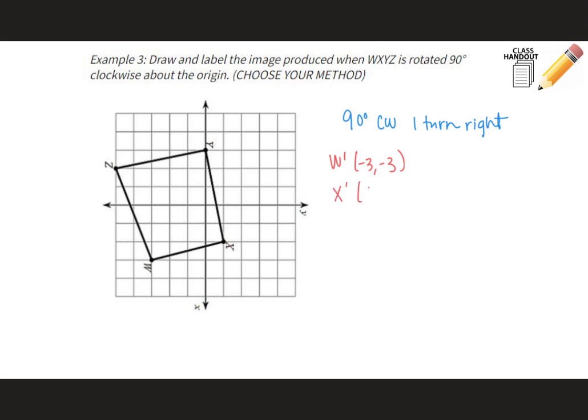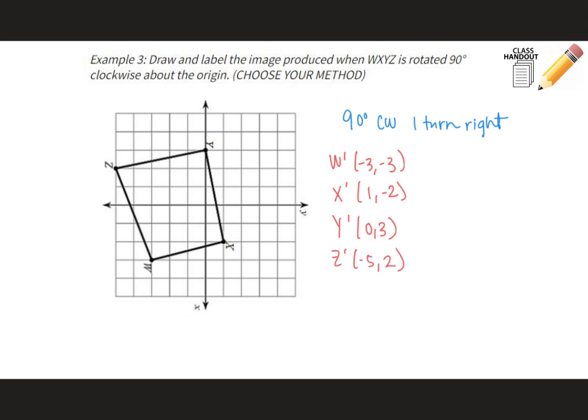So X prime is 1, -2. Now we're looking at Y, so Y is here, so that's going to be 0, 3. And then we're going to do Z, so Z is going to be -5, 2. So Z prime is -5, 2.